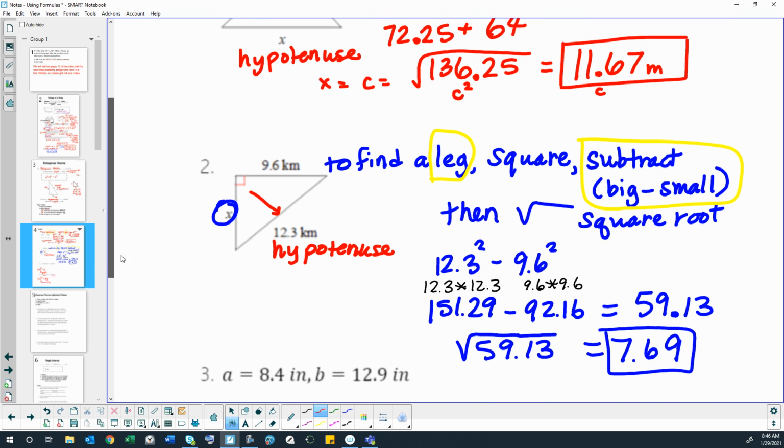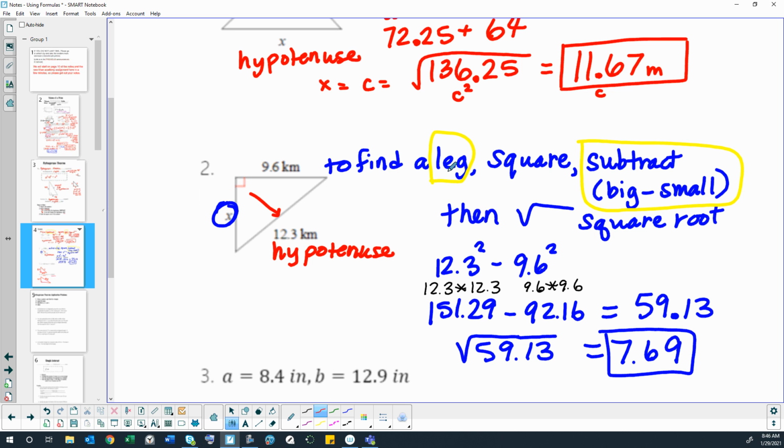Let's do one more. To find a leg, we're going to square the numbers, but this time we subtract. We start with the bigger number and we subtract the smaller number. Then we square root. So this time we have the hypotenuse and one leg, and we need to find the other leg. So we take the hypotenuse, which is the bigger number, and we square it, right?